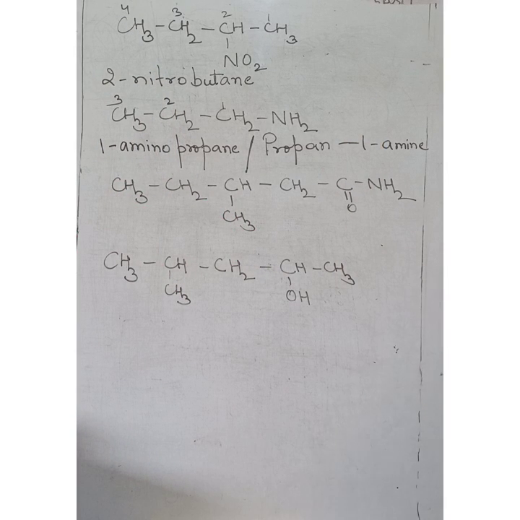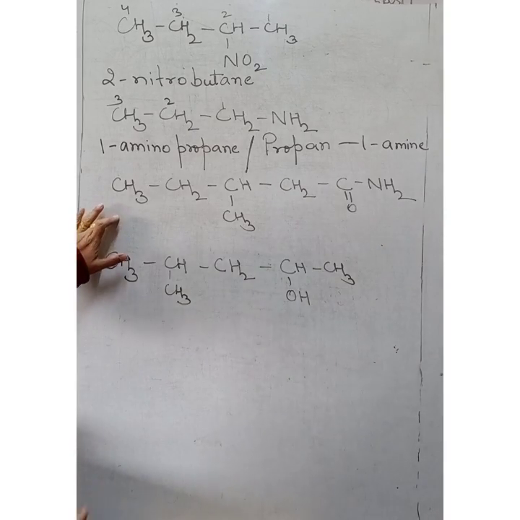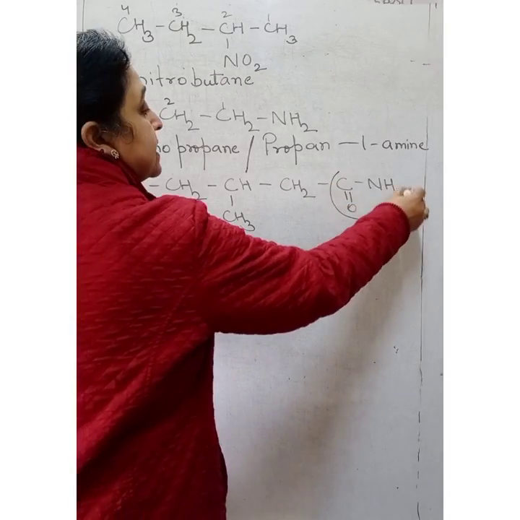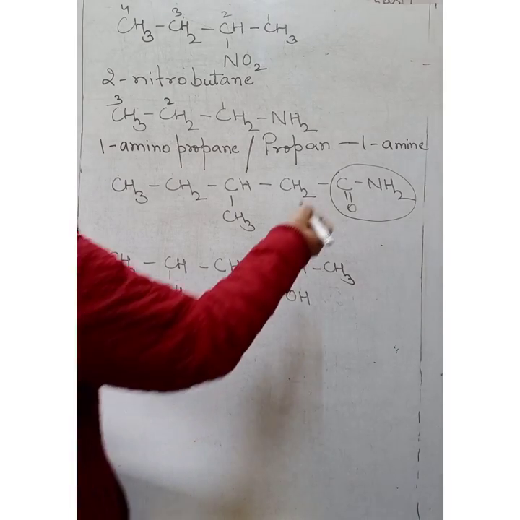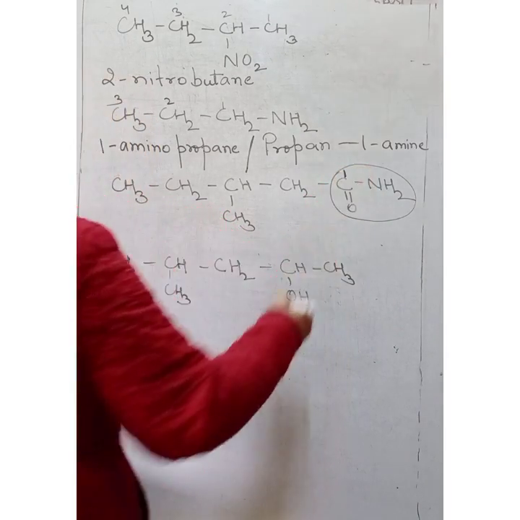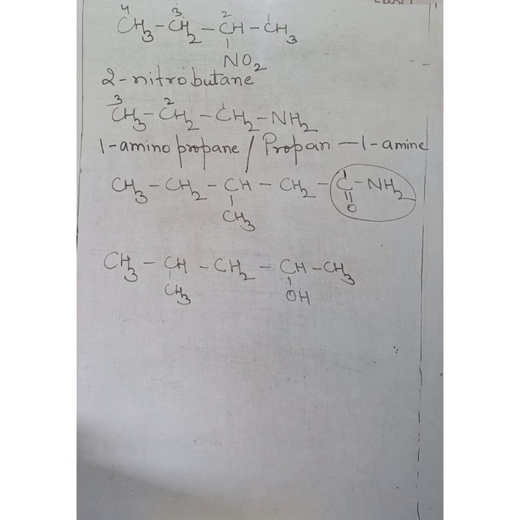So the name becomes propane-1-amine, propanamine. Now, in the next example, the functional group present is amide. It is a carbon containing functional group. So number 1 always goes to the carbon which is present at the terminal end in a functional group. Select the longest chain of carbon atoms containing the functional group. Number the carbon chain in such a way that the functional group gets the lowest number.